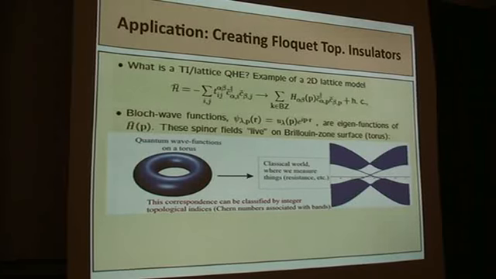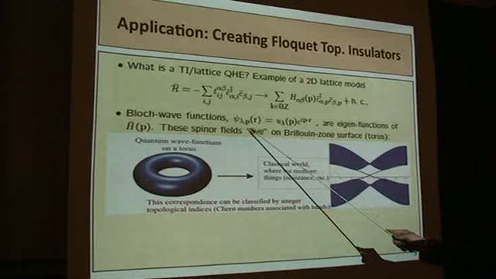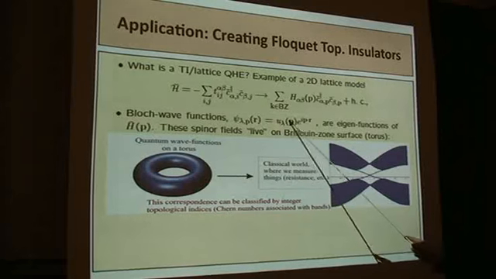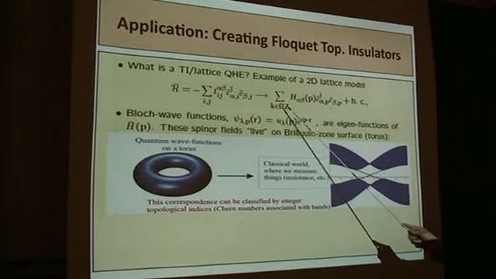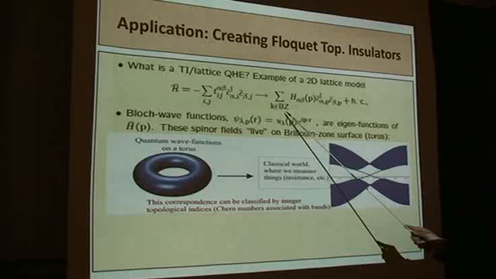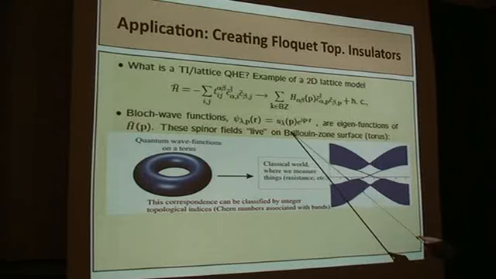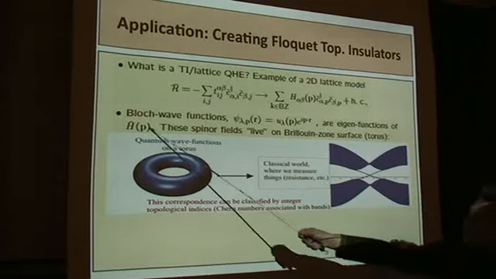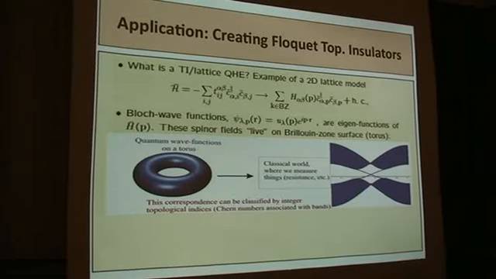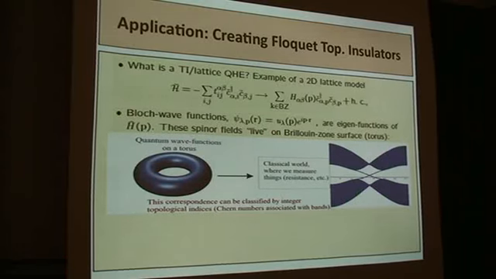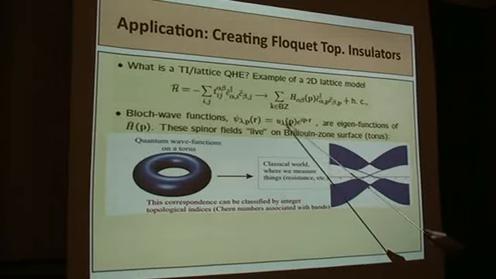How it appears is, of course, if I have translational symmetry, I can use Bloch's theorem. So the wave function can be written as a periodic part of the wave function times this exponential, where p is momentum. If I have periodic boundary conditions, the Brillouin zone is a torus. So at each point on this torus, I have this u of p.